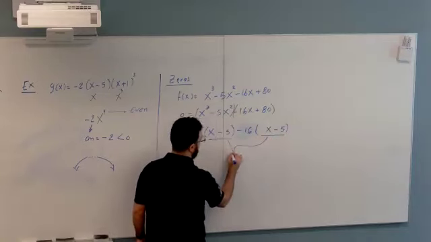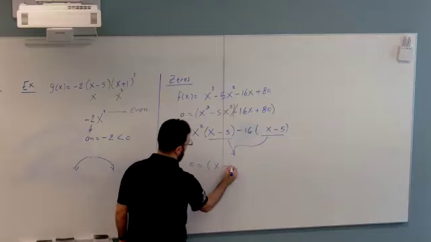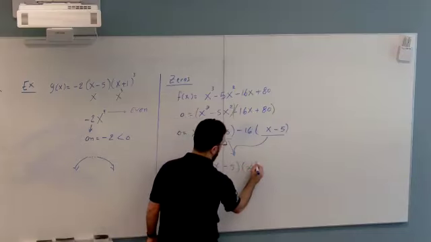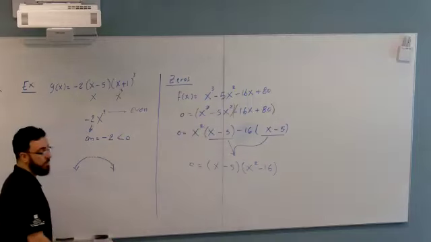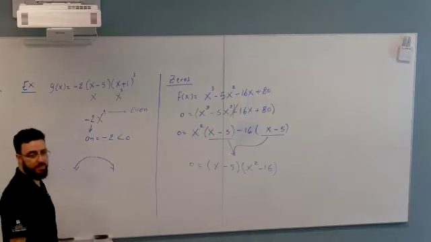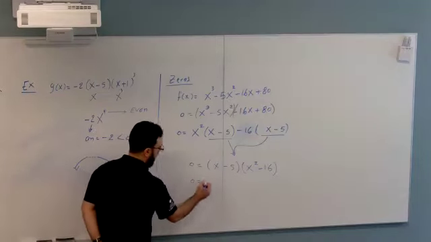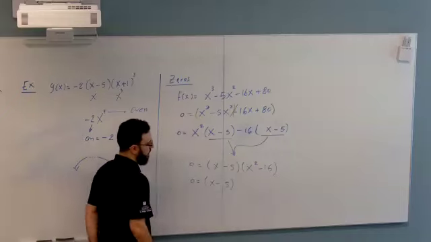Now the same parentheses, x minus 5. What's that here? -16. 16. Now, can I factor it more? I can't do anything with this one. What about this one?